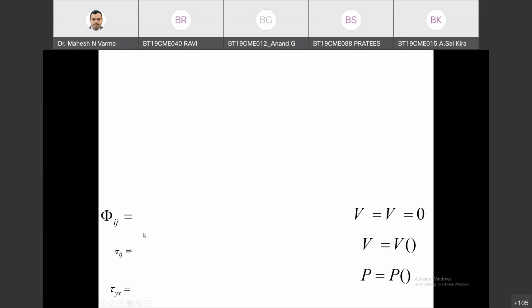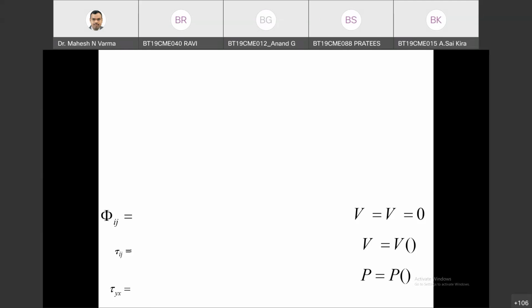Sir, it is a flux due to the molecular, viscous, and convective. Okay, so this is the total flux. The total flux consists of three components: a molecular flux because of viscous forces, a molecular flux because of pressure forces, and a convective flux.